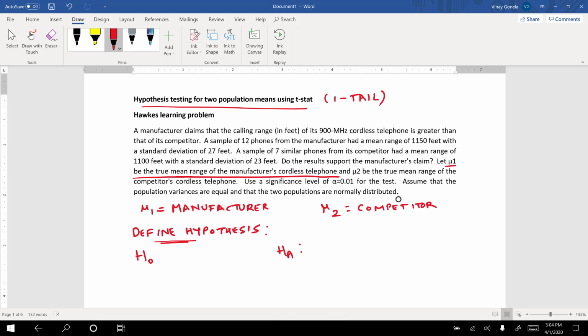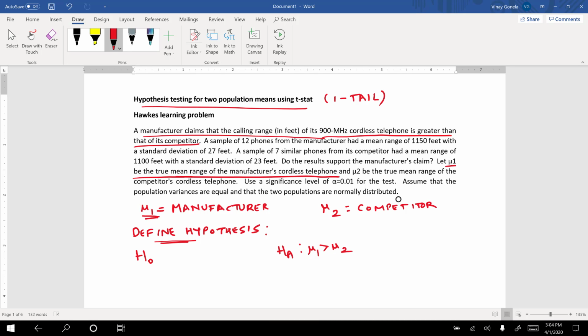They say that the manufacturer claims that the calling range of its 900 megahertz cordless telephone is greater than its competitor's. So this is the alternative. They are claiming that they are better than their competitors. So your mu1, manufacturer, will be greater than mu2.